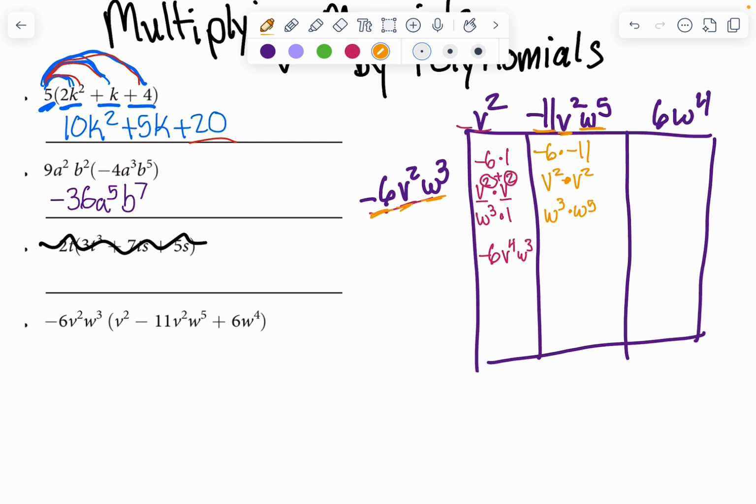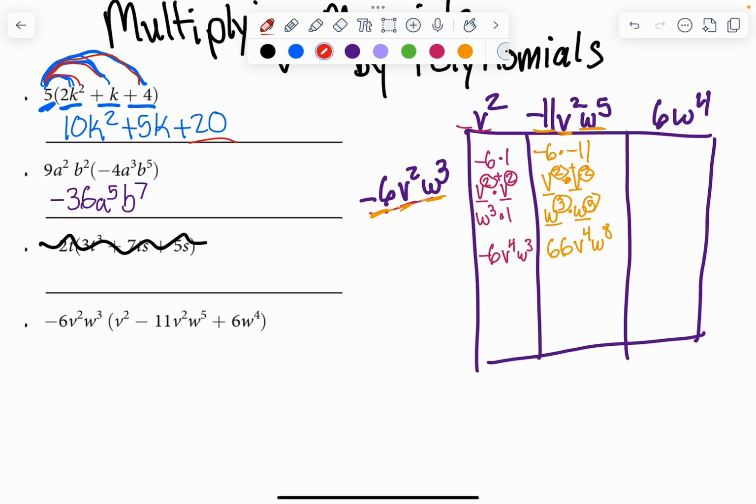So negative 6 times negative 11 is going to get us 66. V squared times v squared, same base. We are multiplying, so we're going to add the exponents. So v to the 4th. And our last one, again, same base. We're multiplying with exponents, so we're going to add them together. So this is w to the 8th.